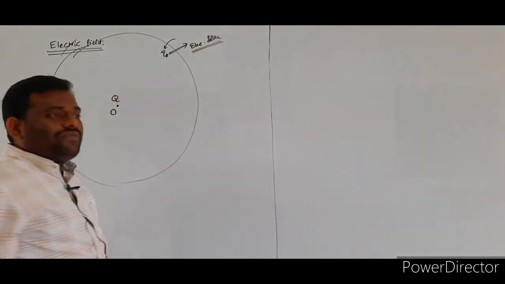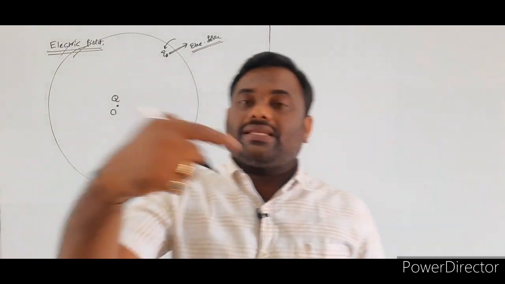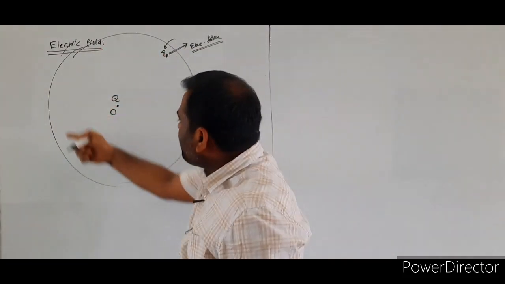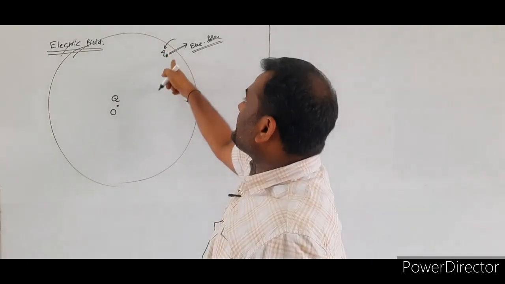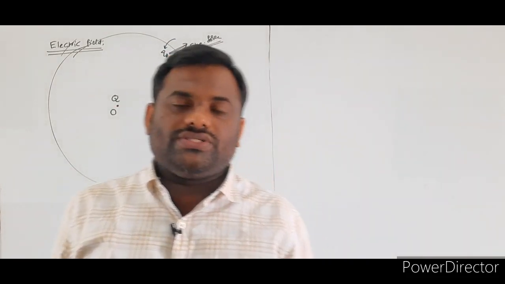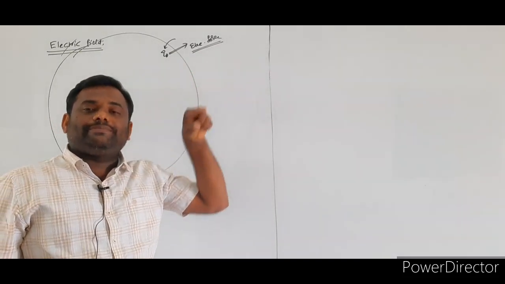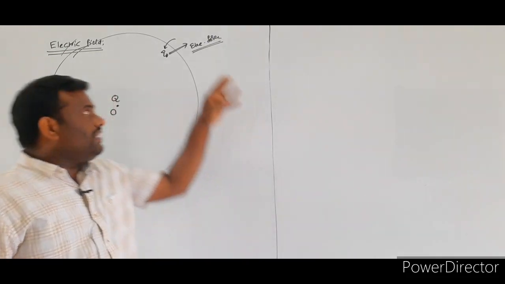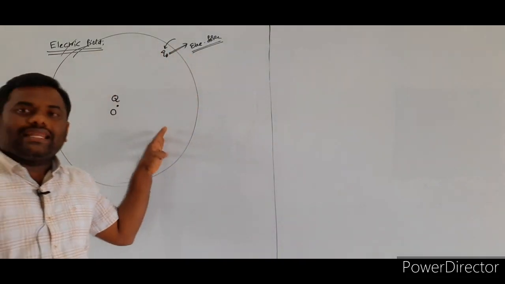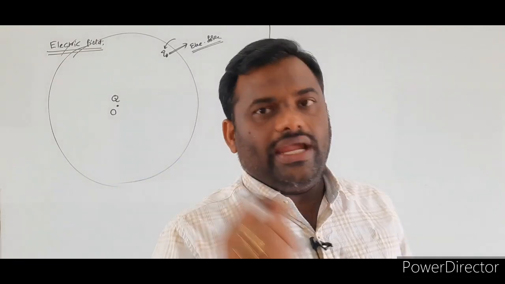Once again, if other charged particles enter the region surrounded by the given charge capital Q, these charged particles experience some electrostatic force. Whenever they enter this region and experience electrostatic force, we call it the electric field.